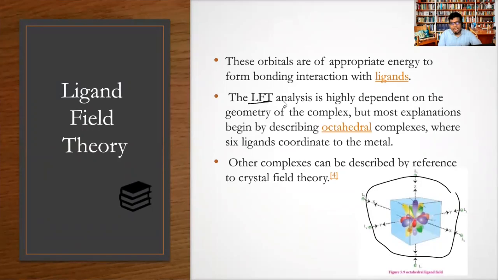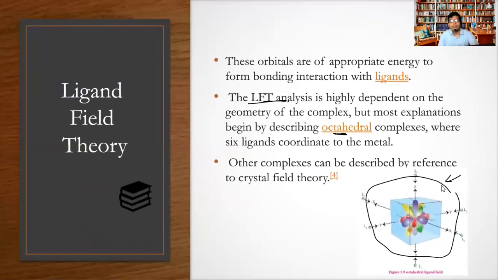This LFT analysis is dependent on the geometry of that specific complex. If you're studying a particular compound, it depends on the geometry. But for most explanations, we use the octahedral complex.